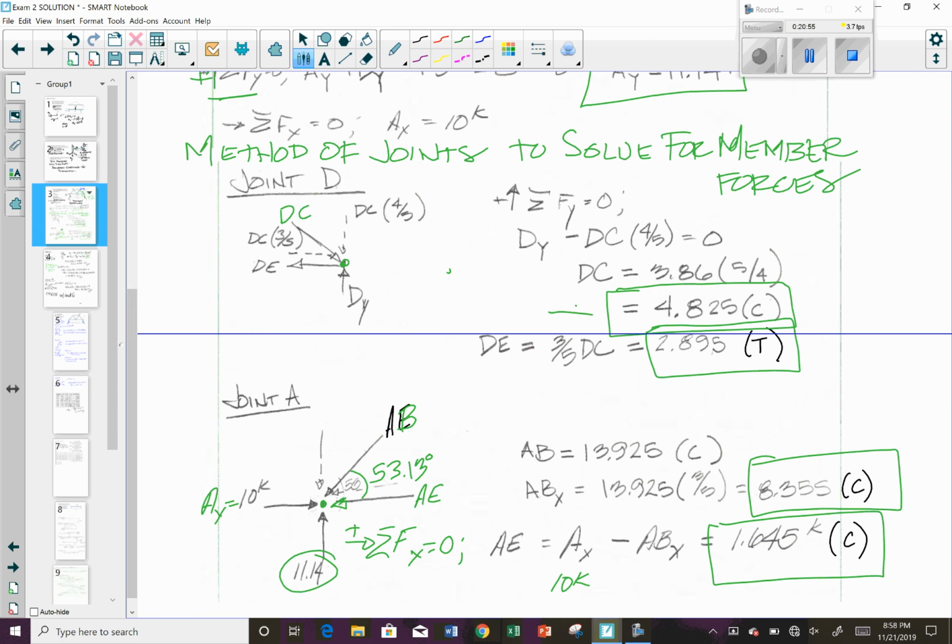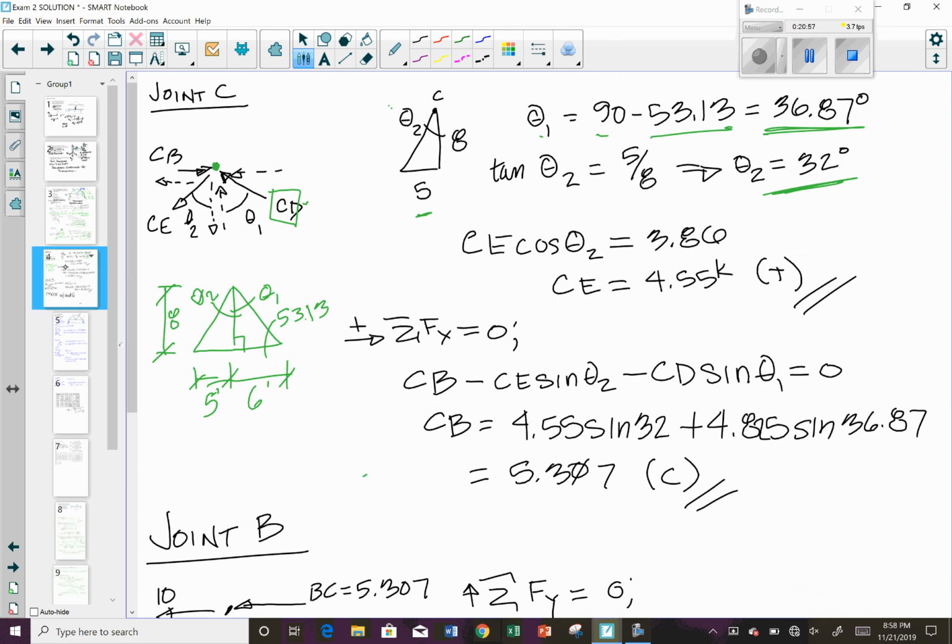Yes, right here. 4.85. So CD, this was equal to 4.825. But we also know that that vertical component of CD was equal to this value. Okay, so if that vertical component of CD is equal to that value, then the vertical component of CE has to be equal to that value.